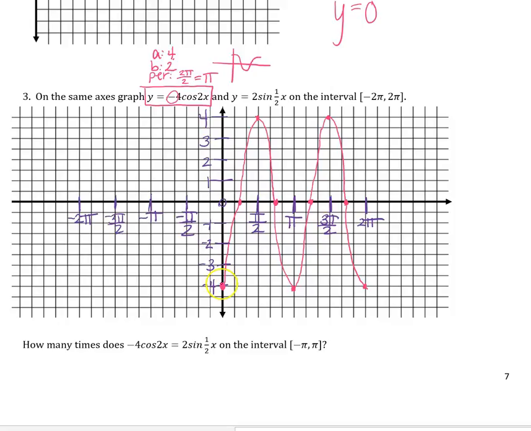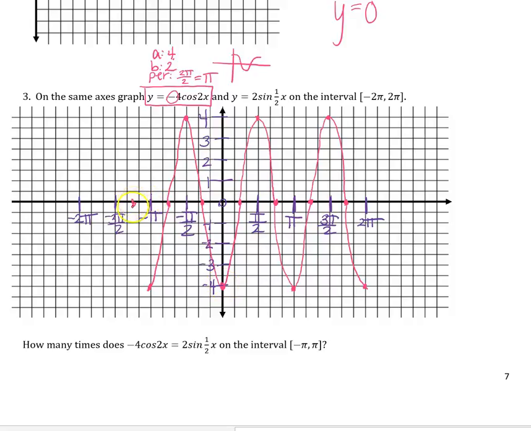That means I'm going to be at 0, halfway between 0 and -pi over 2, up to 4, 0, finish at -4. Okay, these look super skinny. I'm going to fix that.